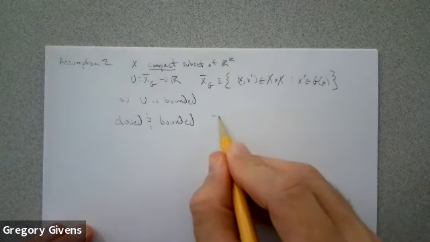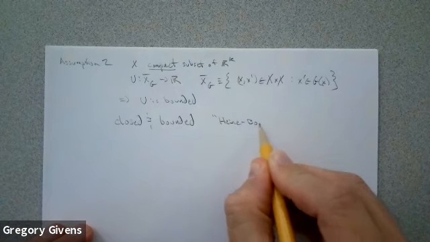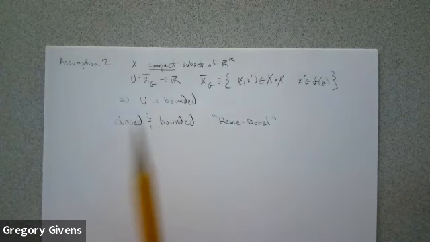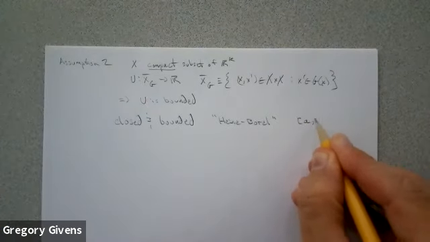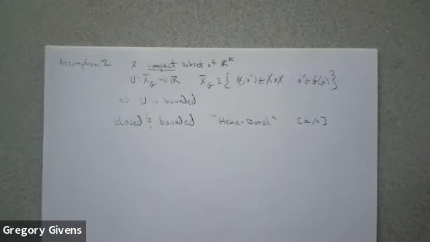I think it's the Heine-Borel theorem that establishes the fact that compact subsets of finite dimensional Euclidean space have to be closed and bounded sets. So for example, if we're talking about just the real line, then the closed interval A, B is a compact set. Okay, that's what I want you guys to think about here.